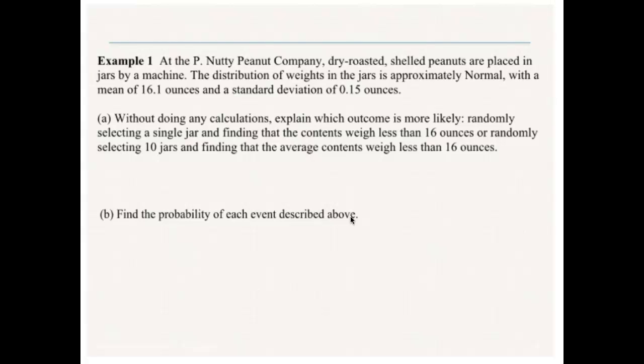So the answer there is going to be single. And the reasoning is we would expect more variability in weight out of a single jar than in the average of 10 jars.